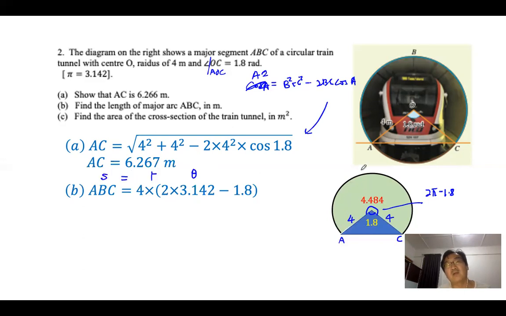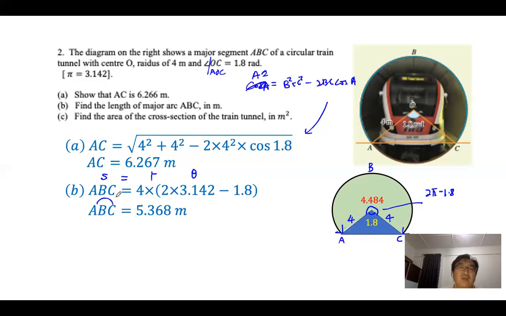We want to find the arc ABC, the length of arc. So 4 times theta will be 4 times (2 times 3.142 minus 1.8), 2 pi minus 1.8. So we'll get the answer, ABC is 5.368. So the length of arc.